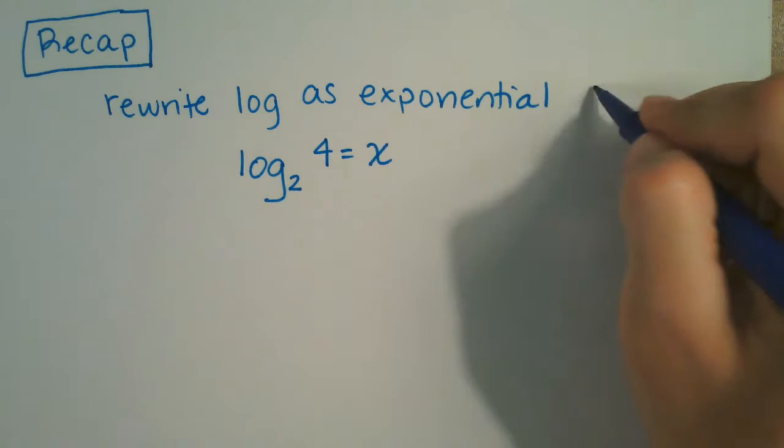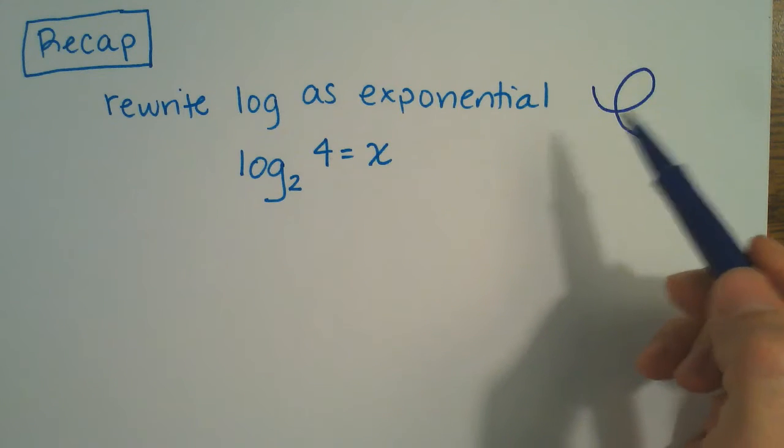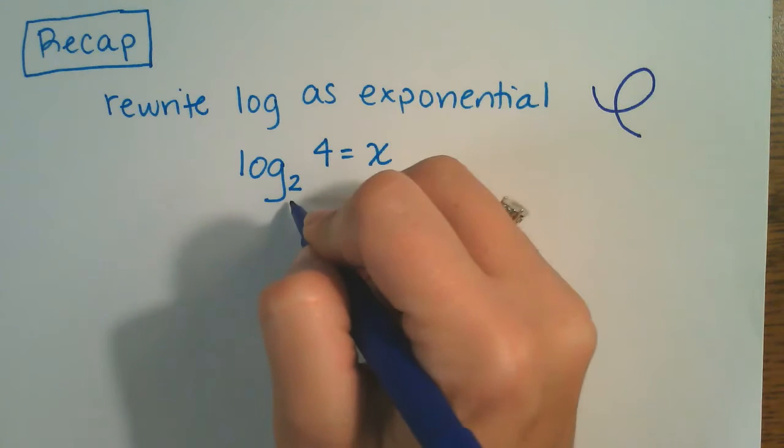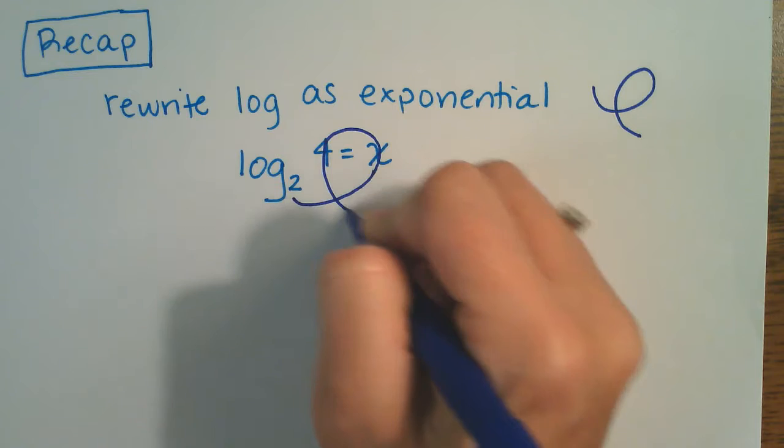So we used a little loop, and it kind of looks like an E if you think about it. So 2 to the x equals 4.